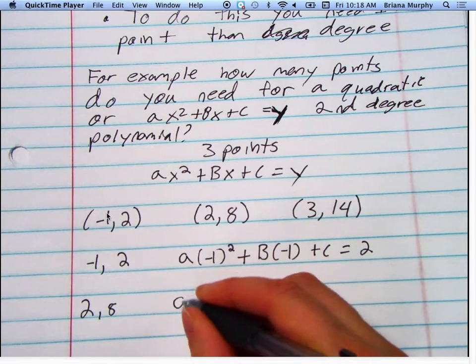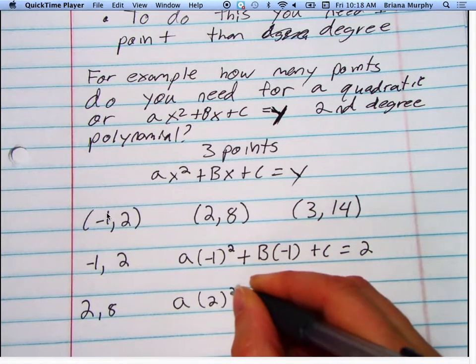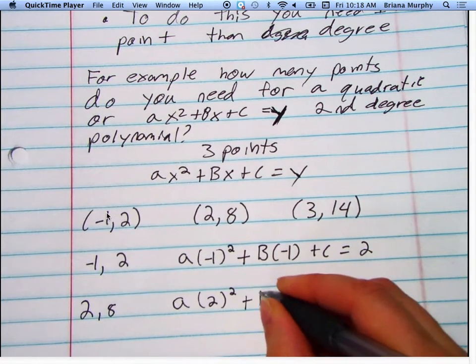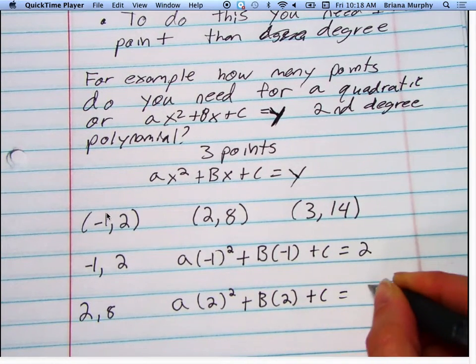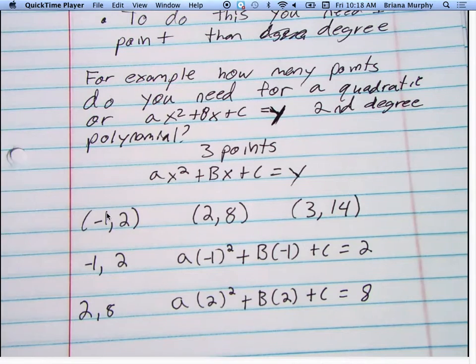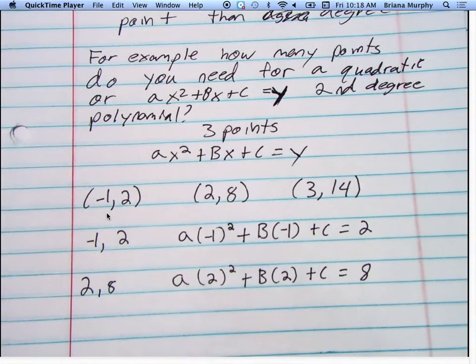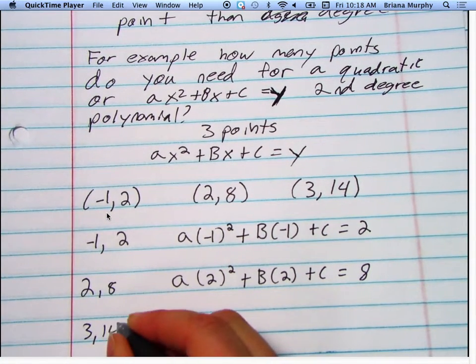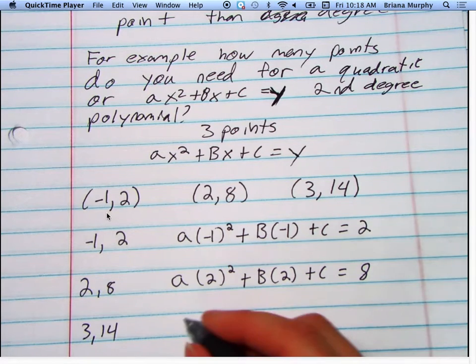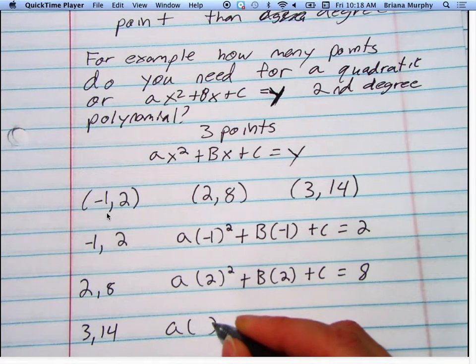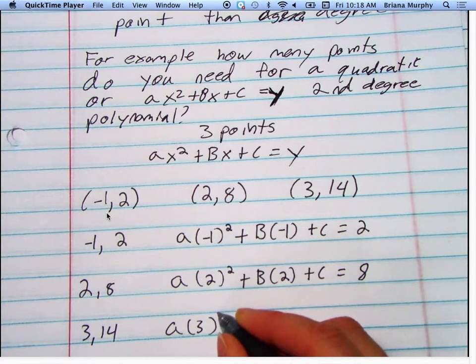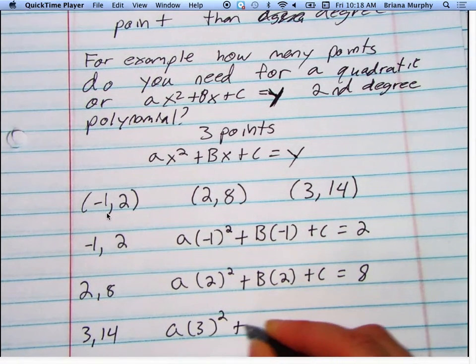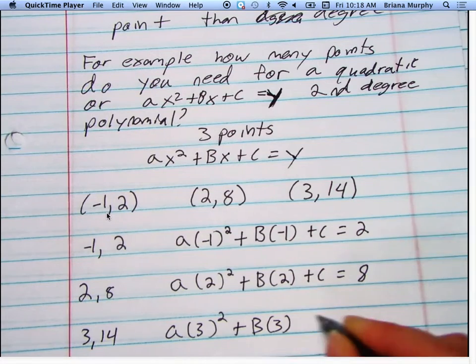We're going to get a times 2 squared plus b times 2 plus c equals 8. All right, somebody want to try the third one? 3, 14. What am I going to get? a times 3 squared plus b times 3 plus c equals 14.